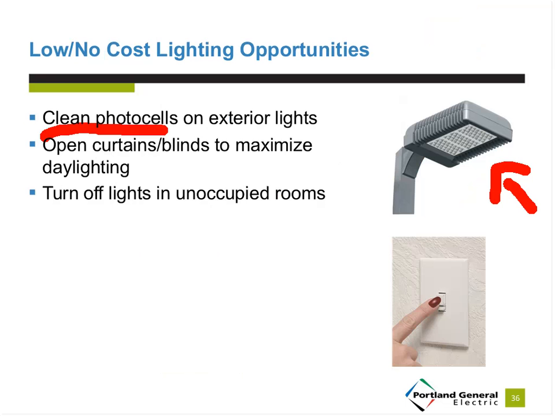The photocell will be right above this, a little bubble right there. It's got dirt on it, or bird poop, or whatever, and it's not reading all the light, so it thinks it's night when it's day. If you have parking lot lights that are on during the day, you need to clean those photocells so they work properly. So that's a way to save energy. That's a low cost opportunity.